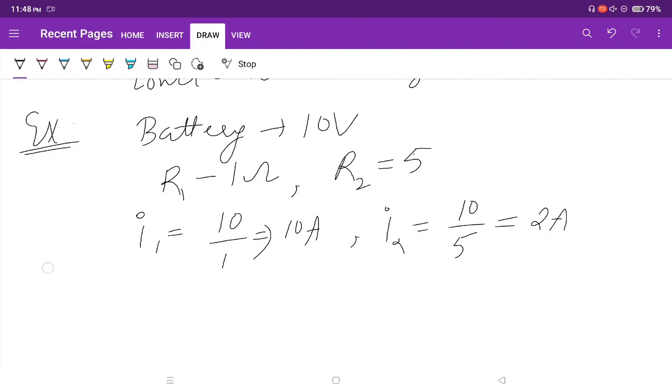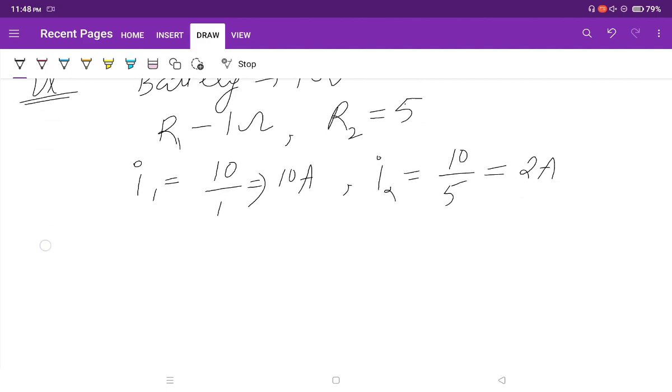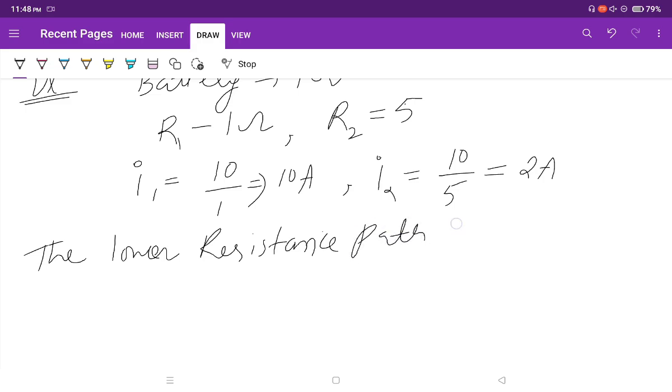In this example we see that the lower resistance path carries more current.